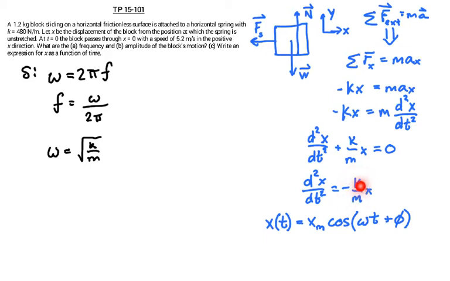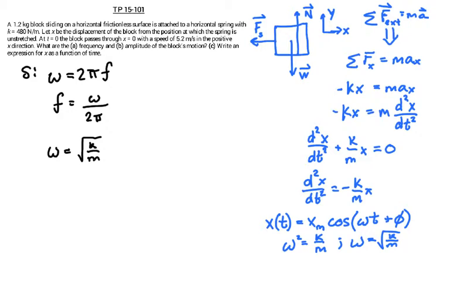Well, if omega squared is whatever this is, k over m, then we can say that omega squared is equal to our spring constant over our mass. Therefore, our angular frequency is equal to the square root of our spring constant divided by our mass. So, a little long-winded, but that's where this equation comes from, and that's how we get at our position as a function of time of our simple harmonic oscillator.